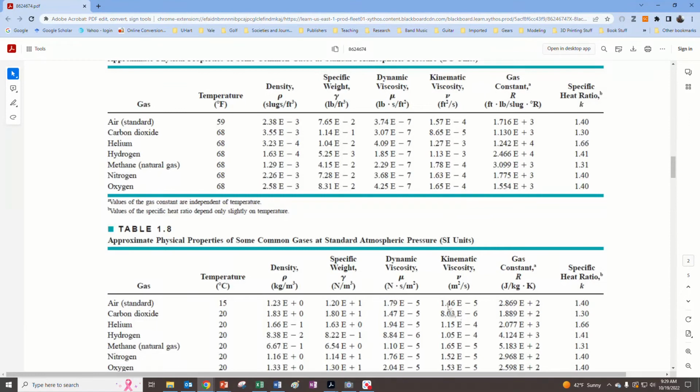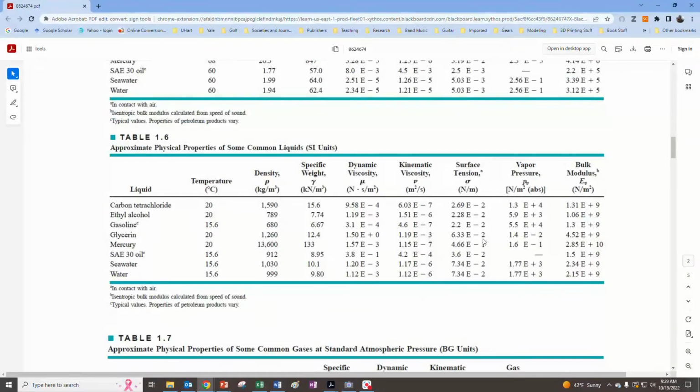I guess here I decided to use metric, but it doesn't matter because it's taking a ratio. So I'm going to use my 1.46 E minus 5. And then for seawater, make sure it's the same thing. Oh, well, actually, look at that. I got the thing wrong. So let me actually use the right numbers right here. If they're saying it's seawater, that should be 1.17 E minus 6.